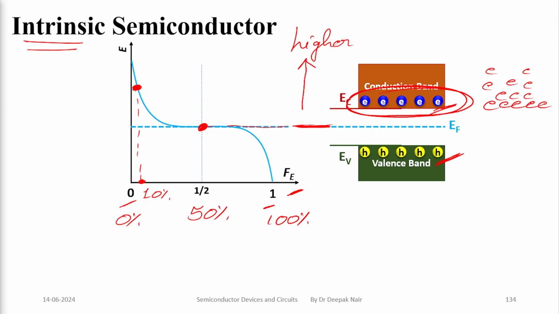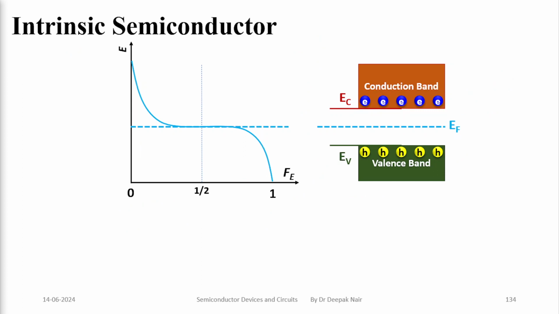And when we move below EF, where we have lower energy, here it represents somewhere around 90%. As we keep on moving downward, the probability of finding charged particles keeps on increasing, and for energy of an electron much less than EF, it is always 100%.